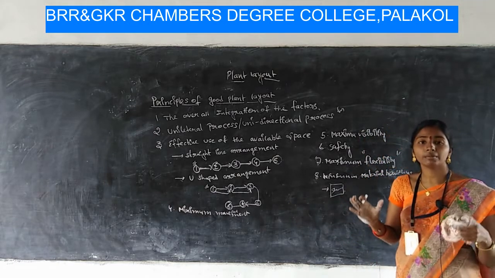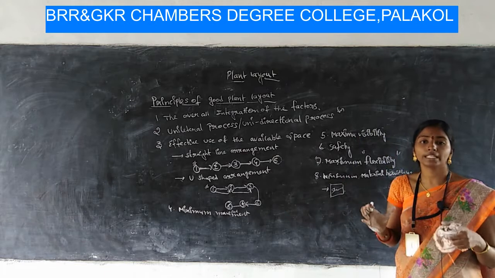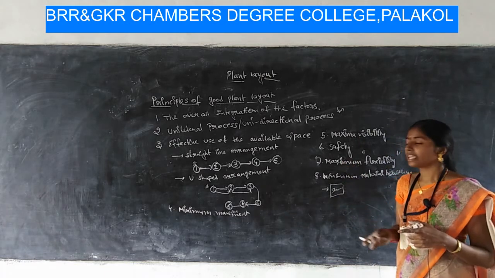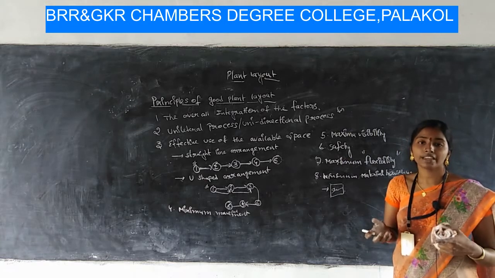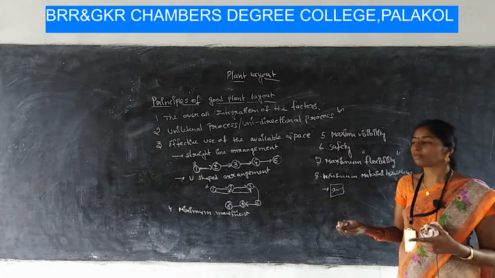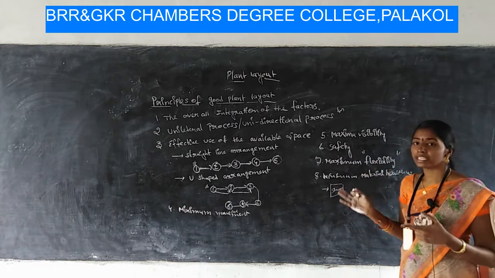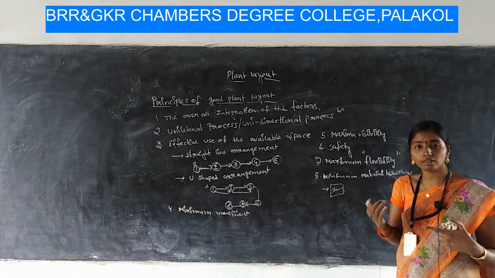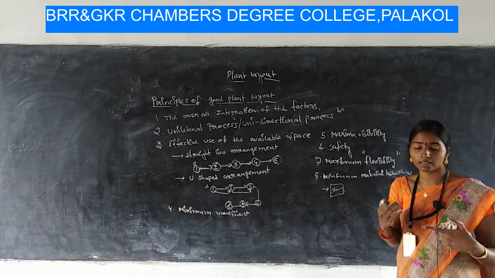The man, material, machinery are to be observable by the different managers. Okay, and safety. It has to provide safety for the employees who are working under the production process, and maximum flexibility. It is flexible to change. If we are adopting new technology, we have to change the production plant layout.